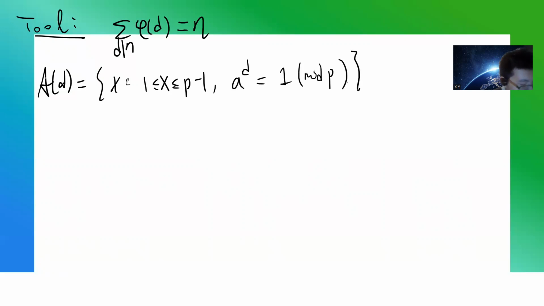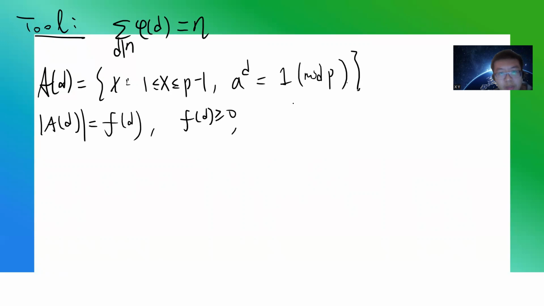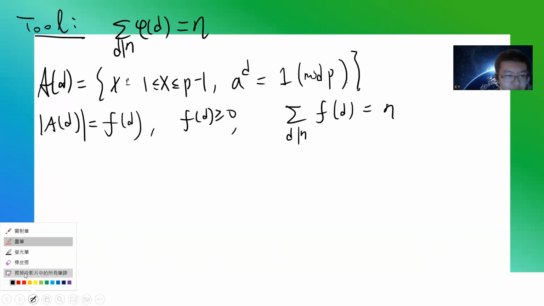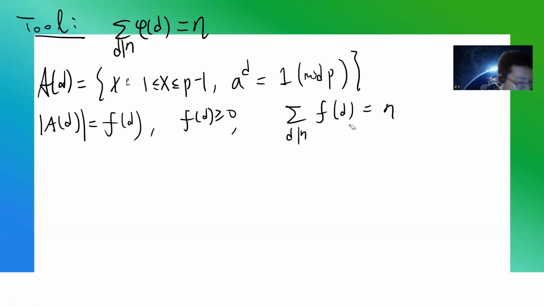And then let's say the cardinality of A of d is called f of d. So obviously f of d is greater than or equal to 0. And by definition, the sum of f of d over d dividing n should also be n, right?